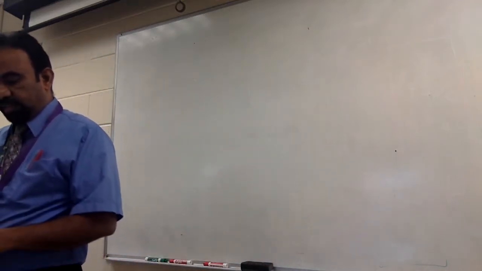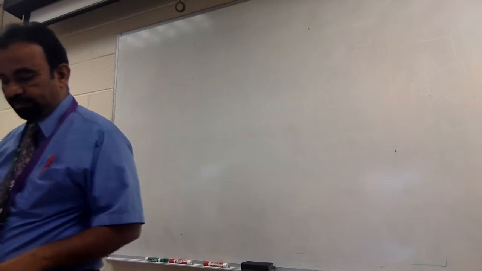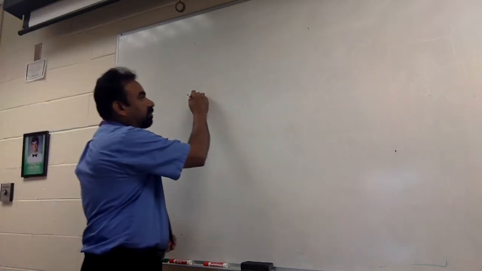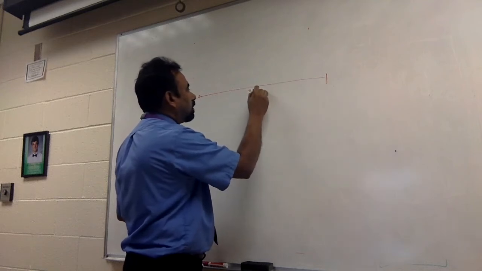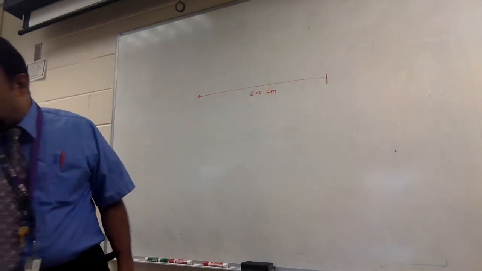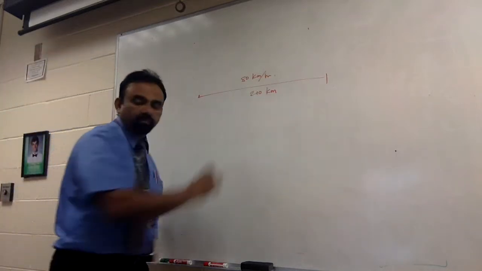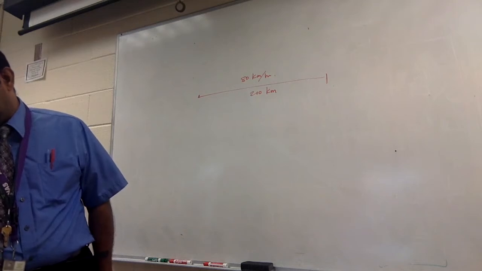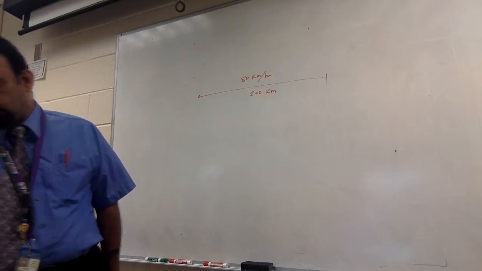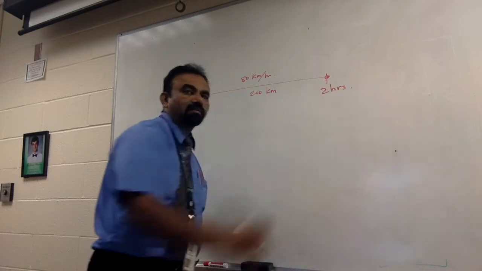Another question, calculate the average speed and average velocity of a complete round trip. You're going from here to here, 200 kilometers with a speed of 80 kilometers per hour. And then there is a lunch break at this point of 2 hours.